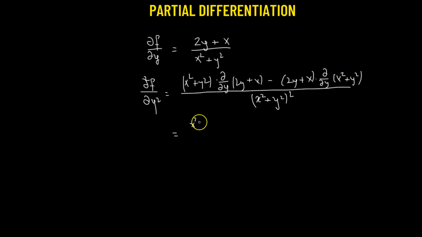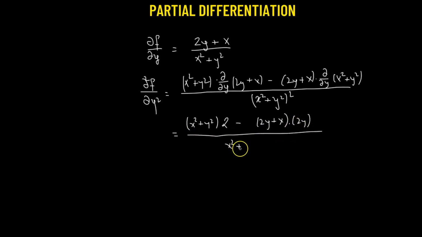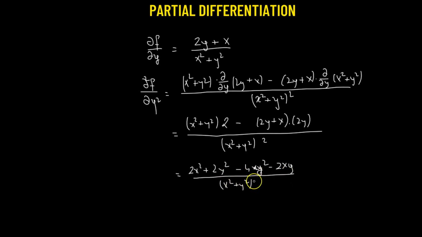That's going to give us x squared plus y squared multiplied by the partial of 2y, which will be 2, minus 2y plus x multiplied by the partial of y squared with respect to y, which will be 2y, divided by x squared plus y squared whole squared, which gives us 2x squared plus 2y squared minus 4xy minus 4y squared minus 2xy divided by x squared plus y squared whole squared.